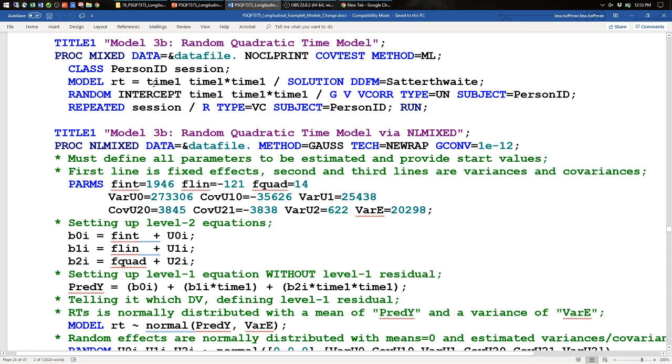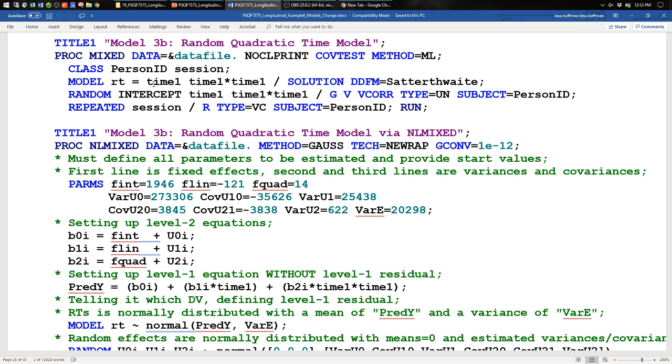So how many fixed effects do I need to estimate in a random quadratic time model? How many fixed effects related to the model for the means? I heard 3. I heard it whispered. It was you? Don't whisper.